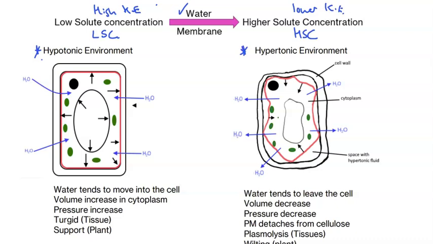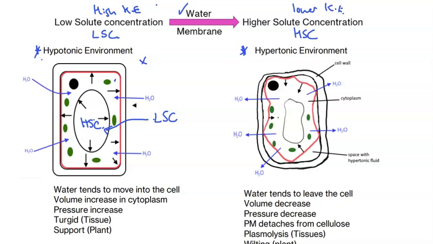So hypotonic in a plant means that the external solution has the low solute concentration, and the cytoplasm and vacuole by comparison has the high solute concentration. So it's low to high in terms of the water movement, and so the water is going to enter the cell.